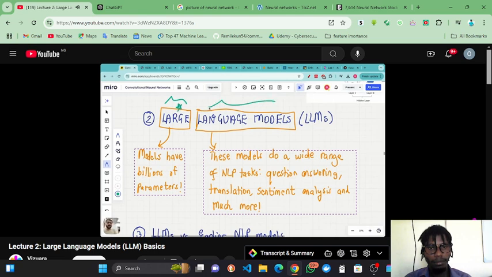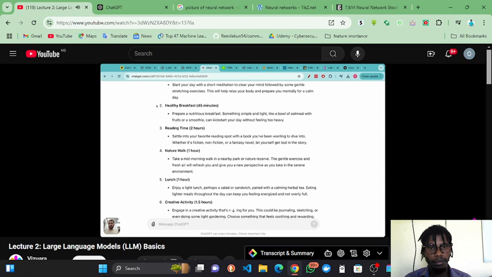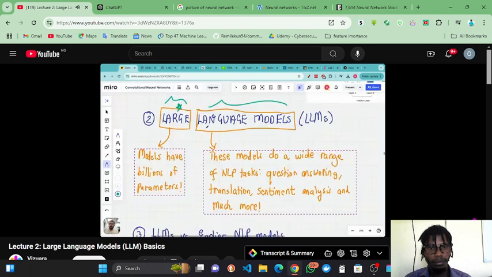Then, why are they called language models? That's pretty clear if you remember the example which I showed you over here. These models only deal with language, they do not deal with other modalities like image or video. LLMs only deal with language.